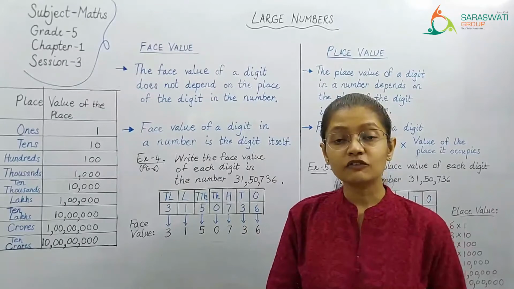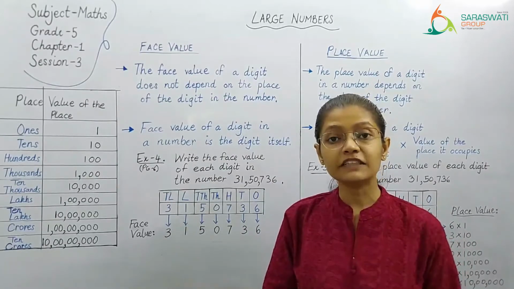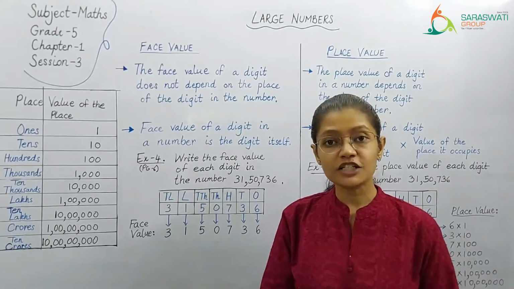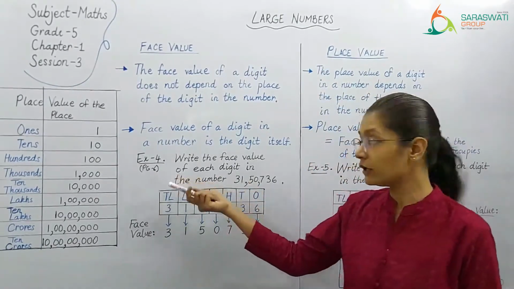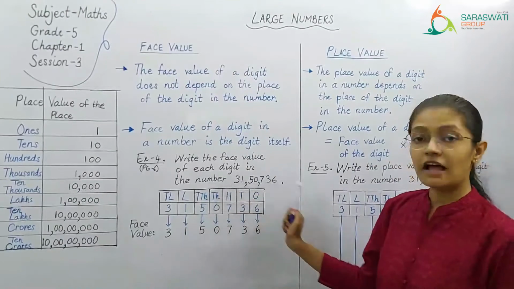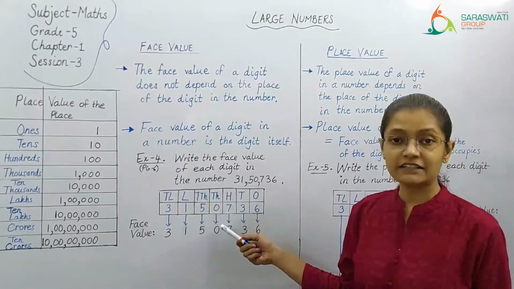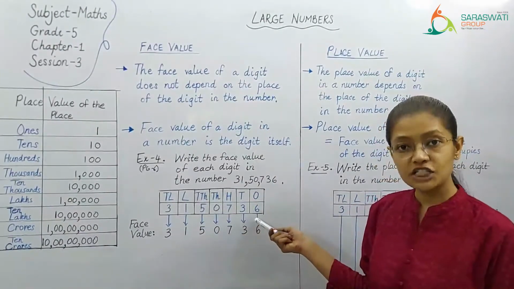So it does not matter which position the digit occupies in the number. The face value of the digit is always the digit itself. Over here in example 4, we are given this number and we have shown it in this place value chart.